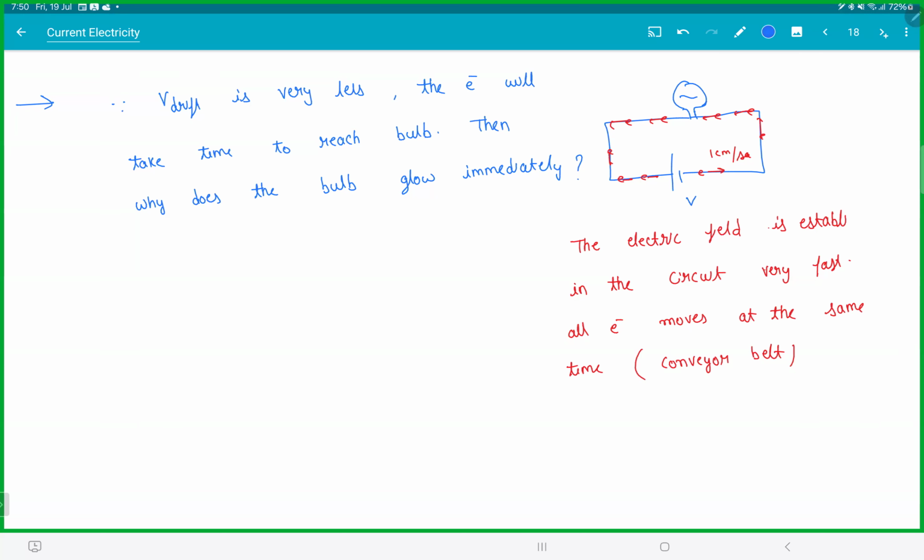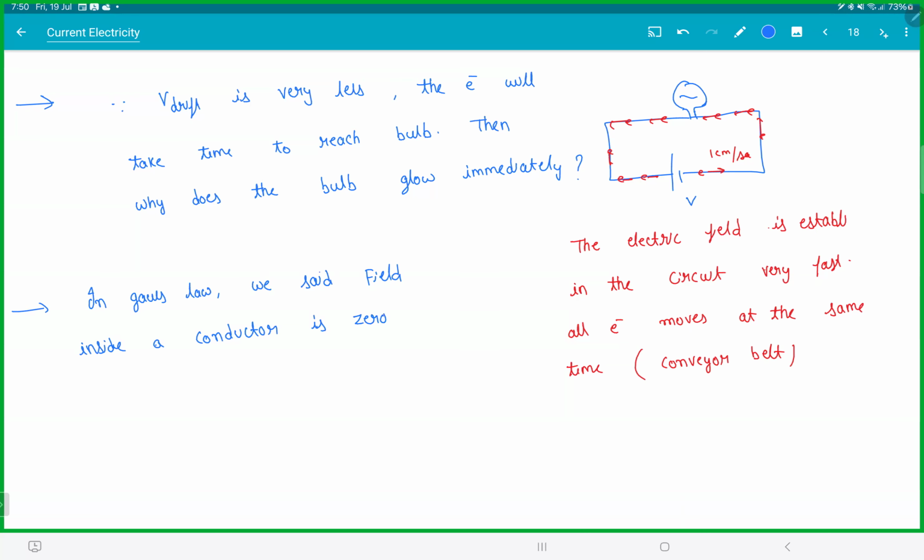So this is one argument. The second argument is this. Remember in Gauss law we said the field inside a conductor is 0. But here you're saying there's a field suddenly.